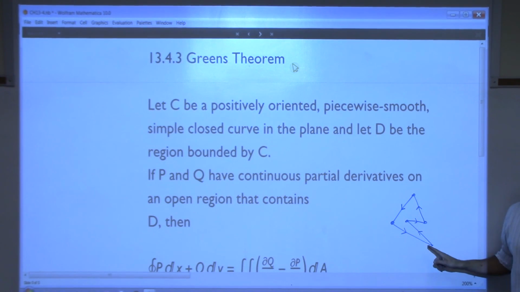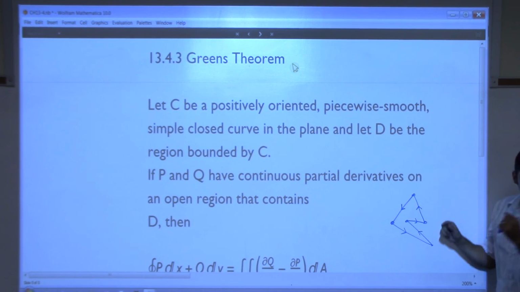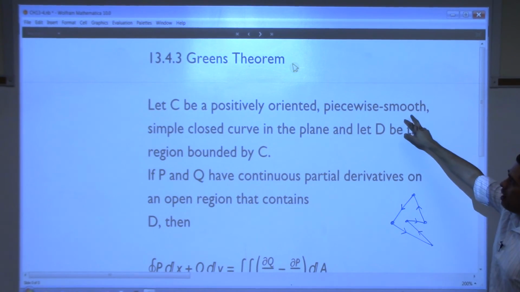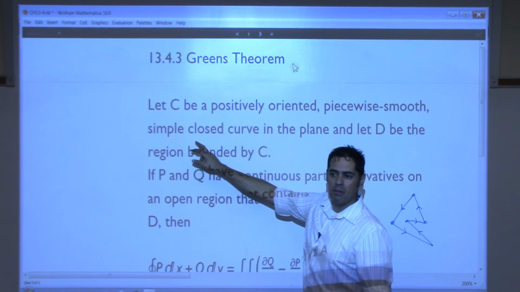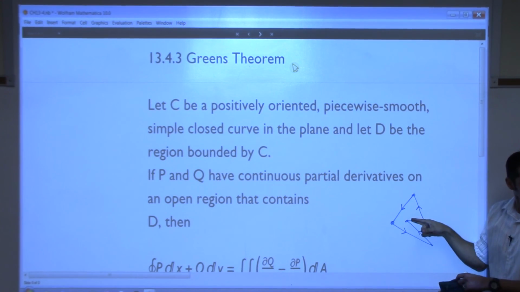Piecewise, it's smooth. That piece is smooth, that piece is smooth. So you could break up that C into a bunch of smaller, smooth segments. As long as C is positively oriented, piecewise smooth, simple, closed, which means I can't have a hole in the middle, right?